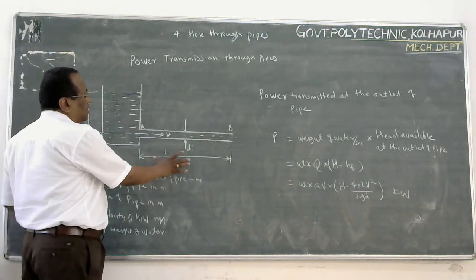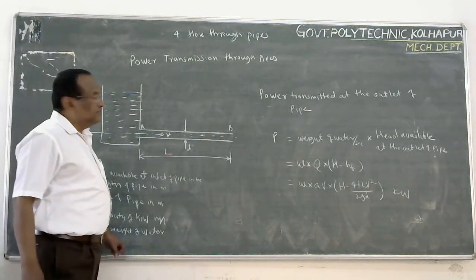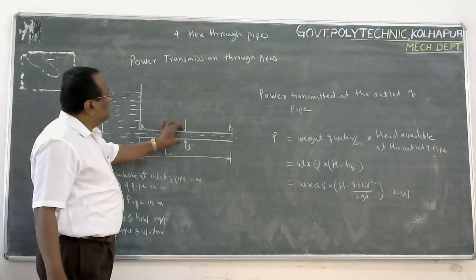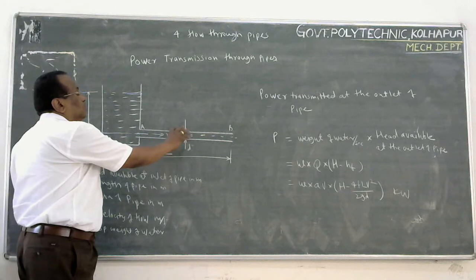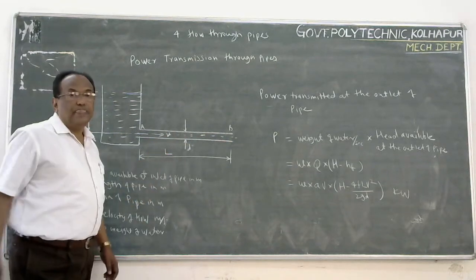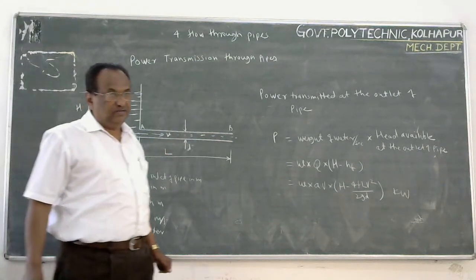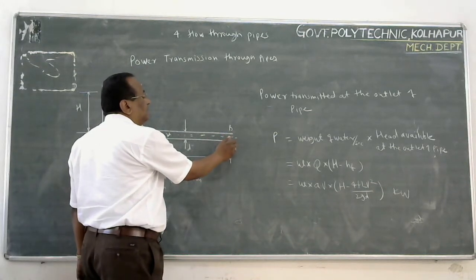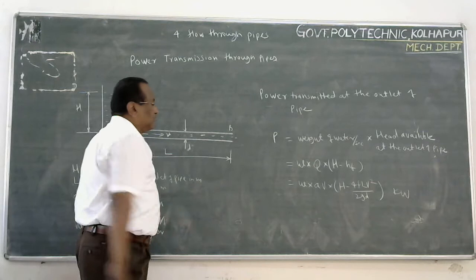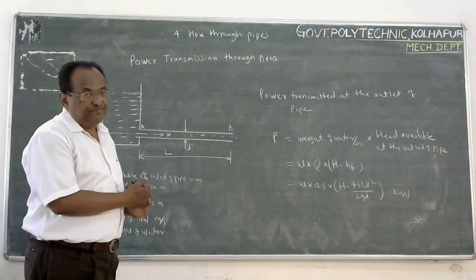The pipe is having length L meters and its diameter is d meters. The velocity of water through the pipe is v meters per second. We want to calculate the power available at the end of this pipe or outlet of the pipe.